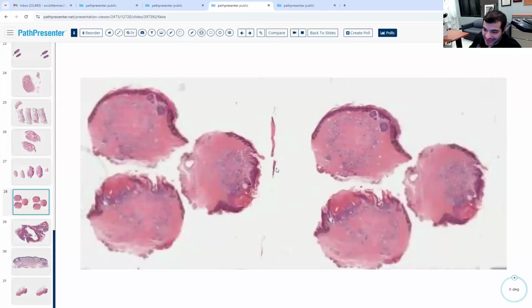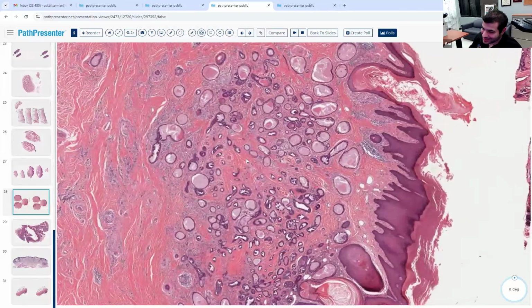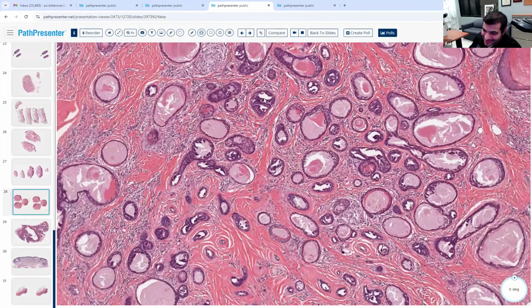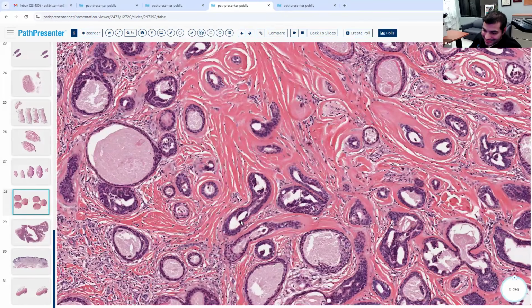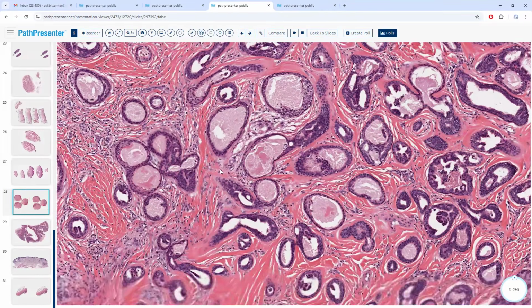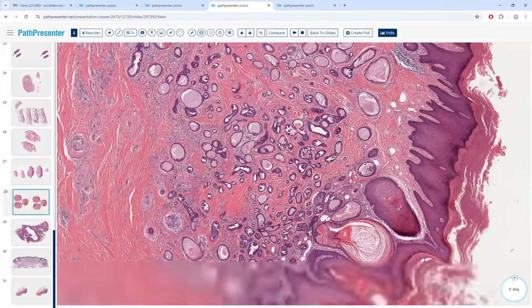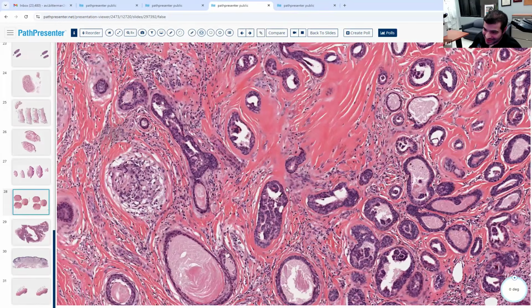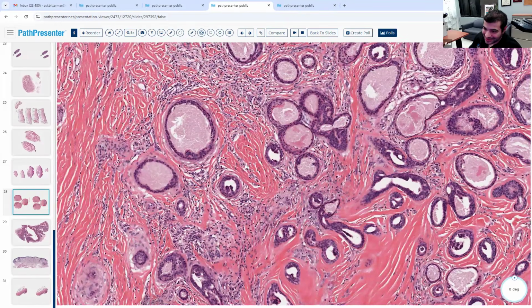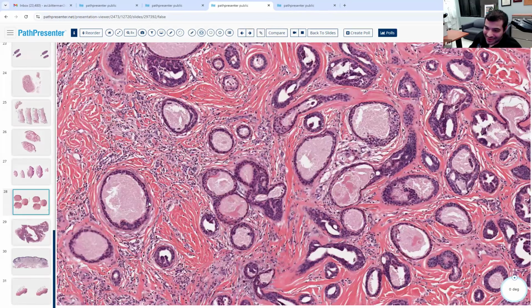Good. As opposed to this, which is more of a papillary eccrine adenoma, so it has the same tubular structure. What's the secretion?